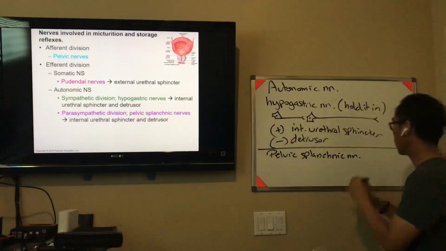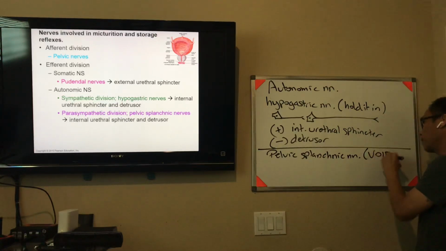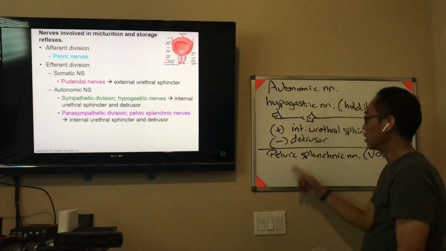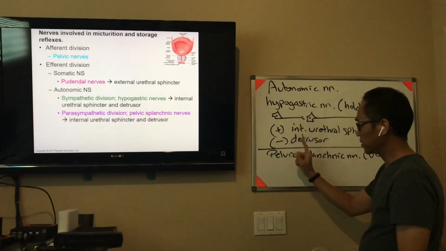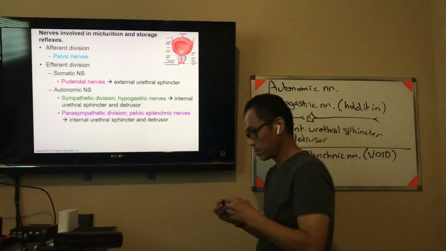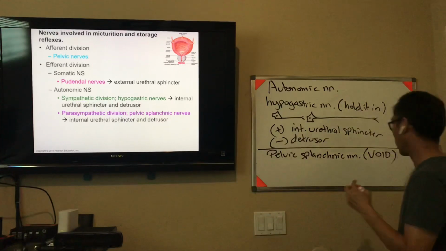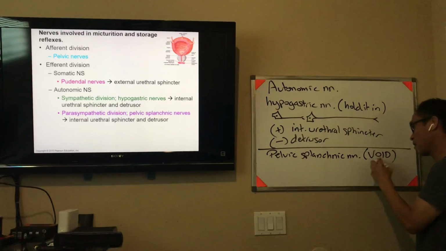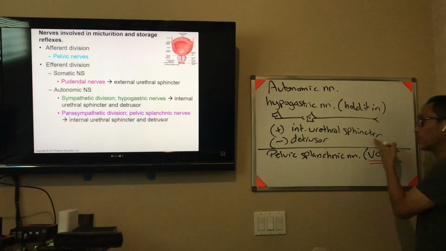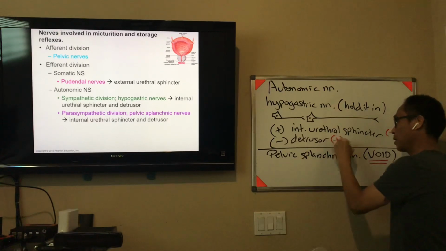Okay, these help you void your bladder, empty it. So they're going to inhibit the internal sphincter and stimulate the detrusor. So I'll just kind of keep that there. So for voiding the bladder, you want to do the reverse. You want to inhibit the internal sphincter and you want to stimulate.